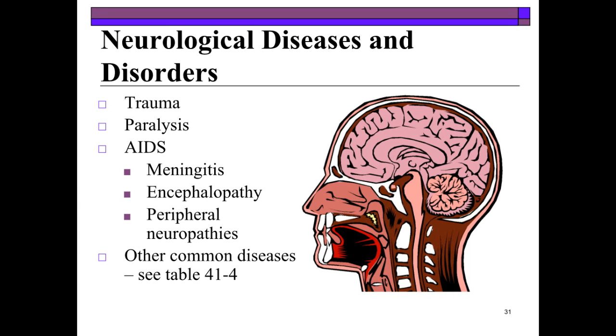We see a lot of issues in the neurologist's office related to trauma, head trauma, traumatic brain injuries, paralysis injuries related to spinal cord damage, encephalopathy, meningitis, peripheral neuropathies, and other common neurological diseases like brain tumors or cerebral palsy.